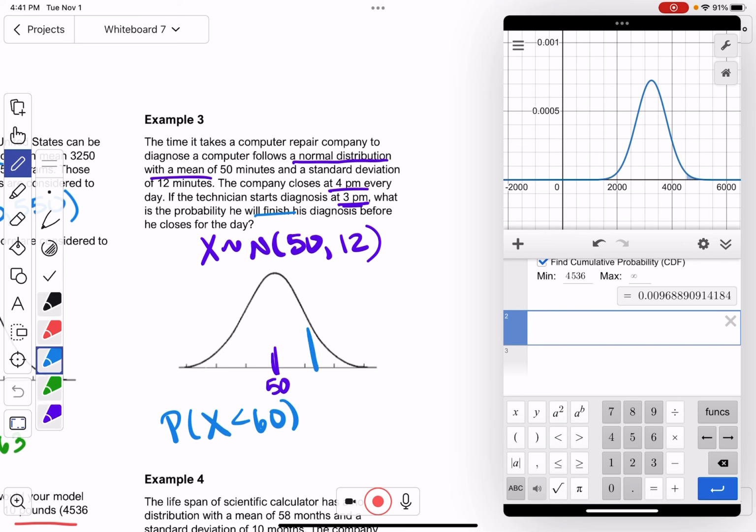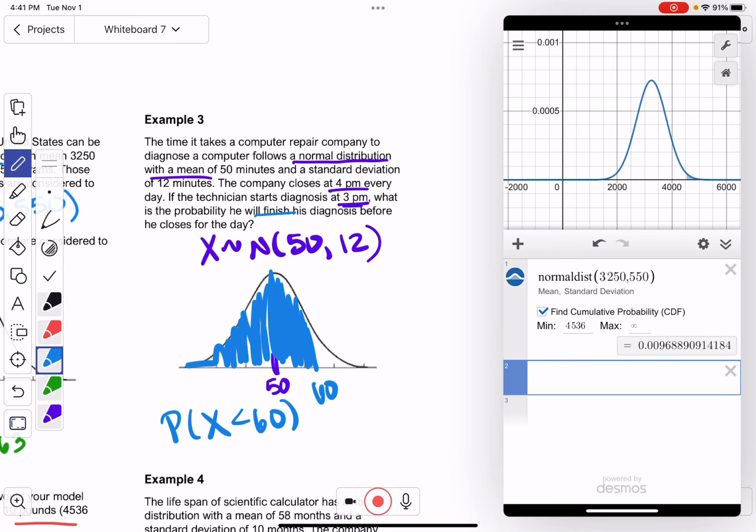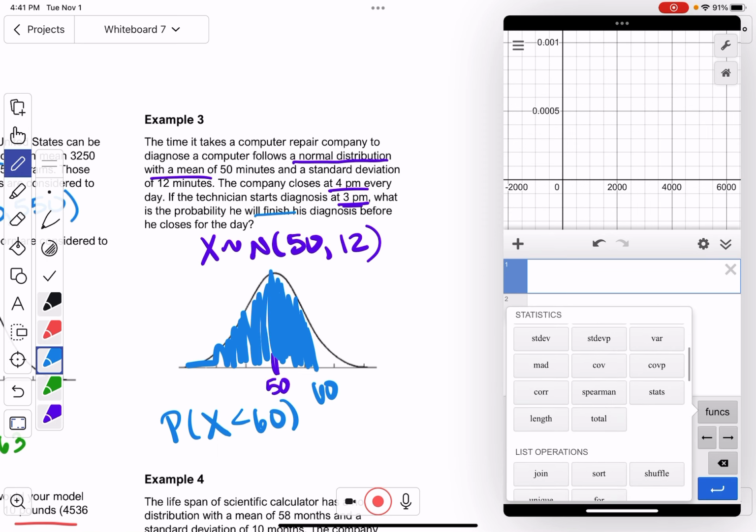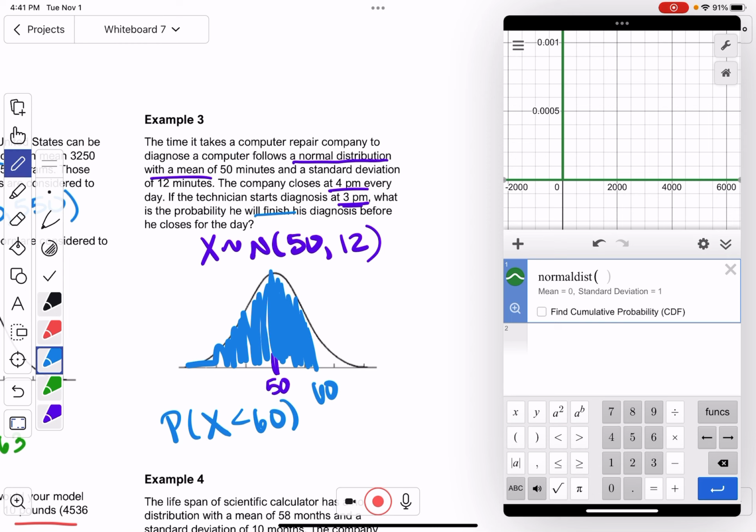So we know our mean is 50. 60 is on this side of that value. We want to be less than that. So it's probably that we finish it before then. So we do this. We need to set our mean, again, we'll go here. Function, normal distribution. Mean is 50.